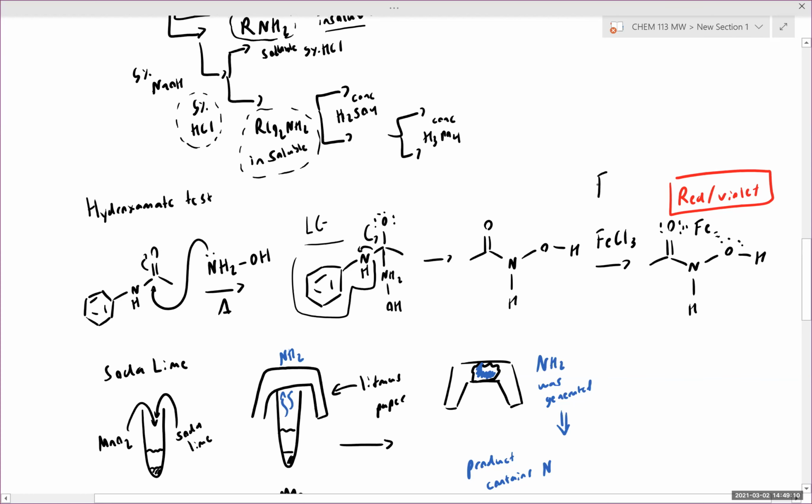So your iron 3 chloride is a yellow solution. However, when it coordinates a ligand, specifically a hydroxamate ligand, you observe a characteristic color change and you see a red-violet color. So the appearance of this red-violet color upon mixing your iron 3 chloride and your generated hydroxamate is a positive result. Does that make sense to everyone?